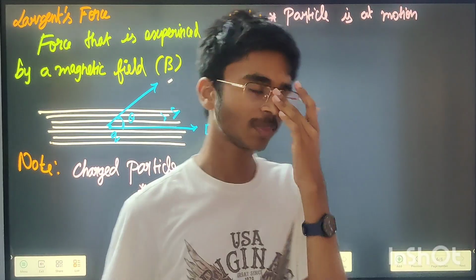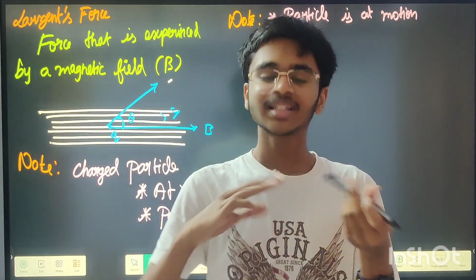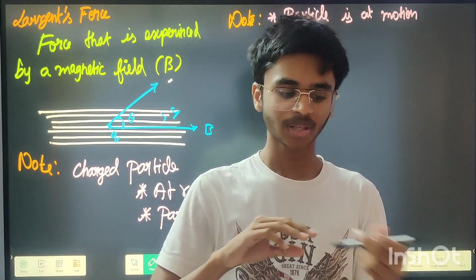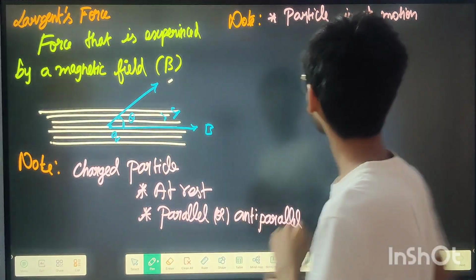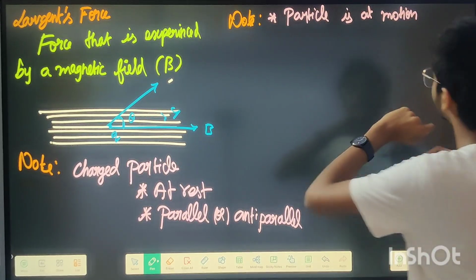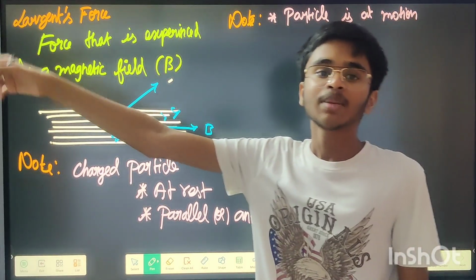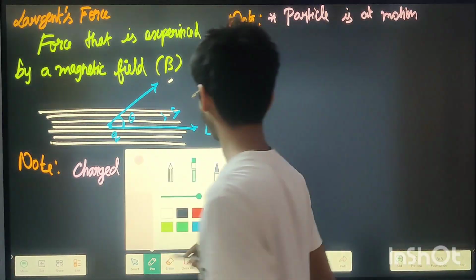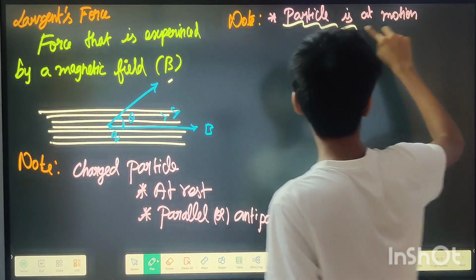Work done is zero because the displacement is zero when a body is traveling in a circular path. So when a particle is in motion and this Lorentz force is acting, that particle will be moving in circular motion.